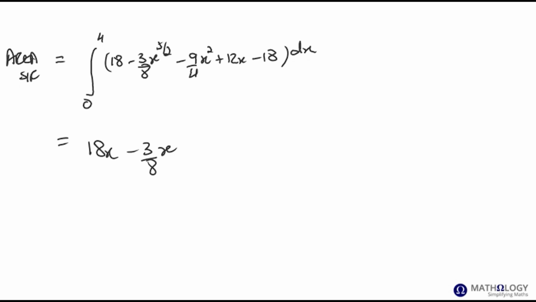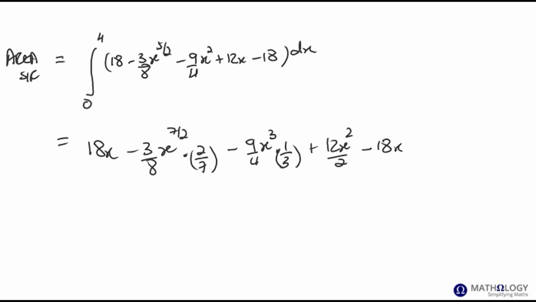We add 1 to 5/2, so it's going to be x to the 7/2, and then we multiply by 1 over 7/2, so we're multiplying by 2/7, minus 9/4 x to the 2 plus 1, x cubed, and then divide by 3, so we're multiplying by 1/3, plus 12x squared over 2 minus 18x, between x equals 0 and x equals 4. We could have just cancelled 18 minus 18.